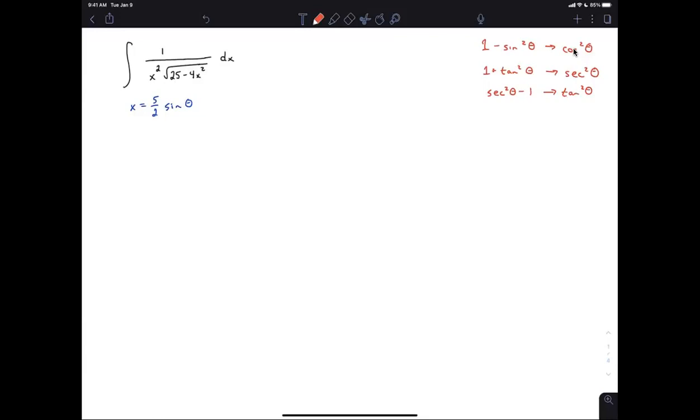Okay, so when we do trigonometric substitution, there are kind of 3 broad steps. When we do trig sub, the first big step is you pick x. You find dx. So we want to figure out what dx is, and then we're going to do some other stuff too.